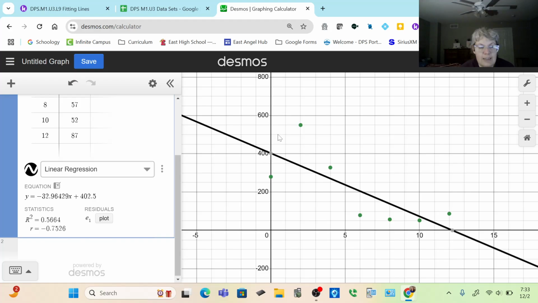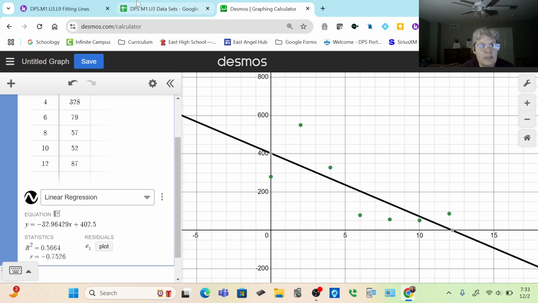Because it is negative, I should see a downward trend in my data, which I do. 0.75 is moderately strong. It's not overly strong. As you can see, we don't have our points all close to this line, but it's not all spread out either. So it's a moderately negative correlation coefficient.